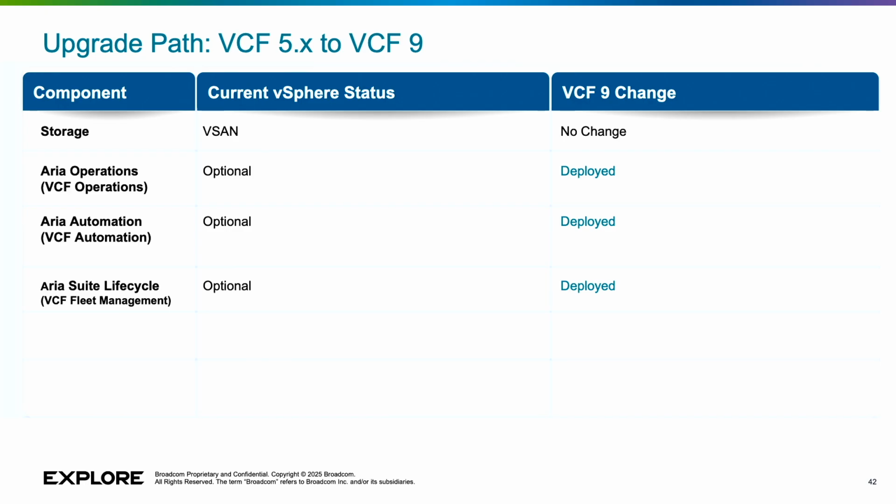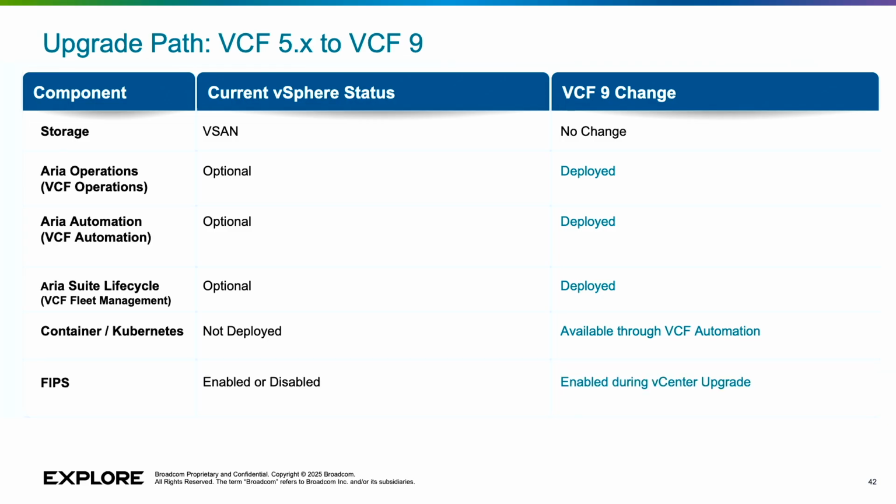If you have ARIA Suite Lifecycle, essentially you get Fleet Manager in VCF 9. The same note that we had earlier for containers and Kubernetes applies: it is not deployed, but you can get that through VCF automation. The same note for FIPS as well. If it's either enabled or disabled, you can enable it. It gets enabled during the vCenter upgrade of moving over to VCF 9.